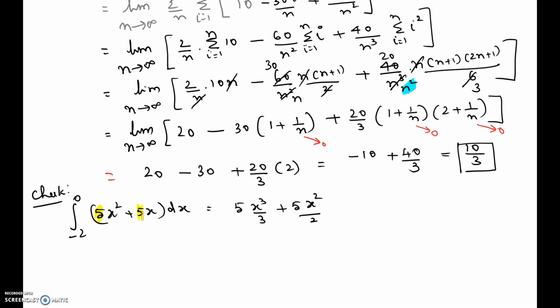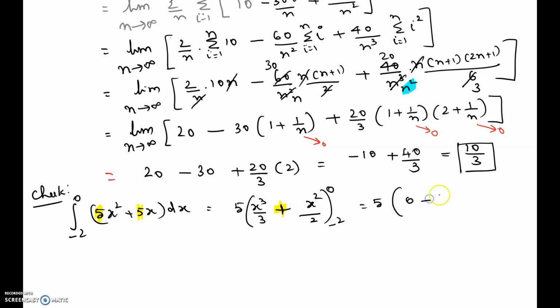So if I take that out as a common factor, I will have 5 taken out, and then between the limits negative 2 to 0, which is 5 times the upper limit, it is 0.